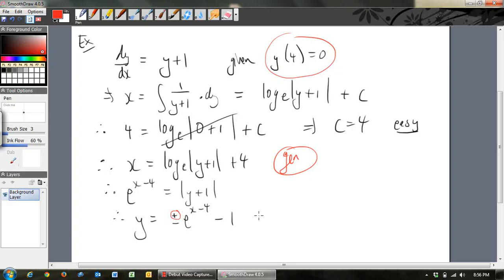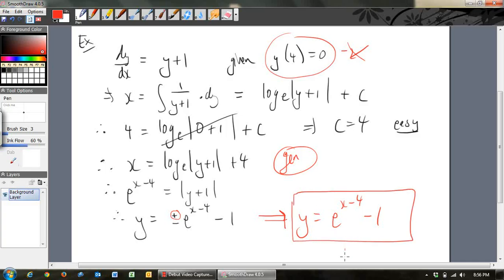So just check it once you get down to this point. Therefore y is equal to e to the x minus 4, minus 1. There's your solution. It checks out with this initial condition. If that was negative, that would not work, because you get negative 1 minus 1, which is negative 2, not 0. So it must be positive. That is your particular solution.